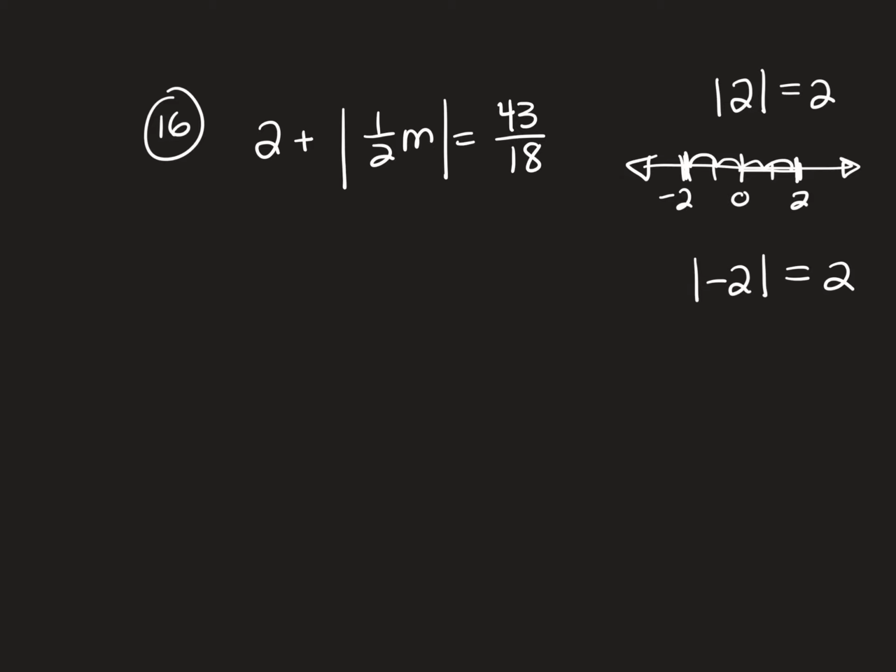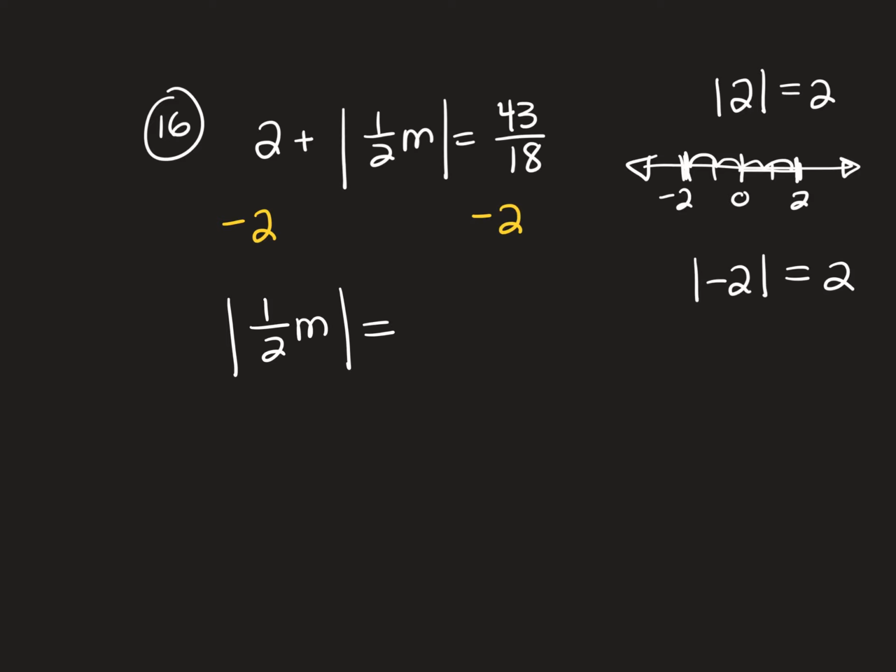So I need to start by first getting the absolute value part of that equation totally by itself. Don't touch anything inside the absolute value. Just get the part between the bars on one side of the equation by itself. So in this problem, the first thing I would have to do is subtract 2 from both sides. Okay, so I've got the absolute value of 1/2 m equals 43 over 18 minus 2.